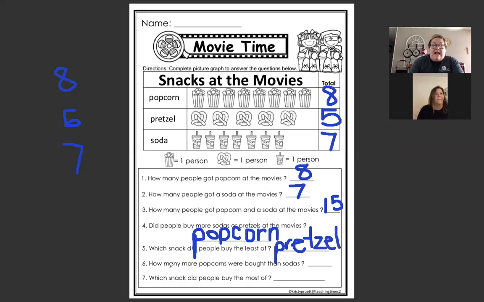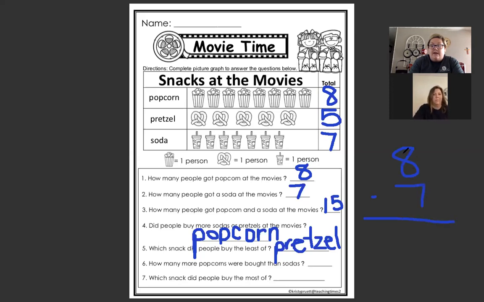Okay. How many more popcorns were bought than sodas? So this one we're going to have to subtract. So there were 8 popcorns and 7 sodas.